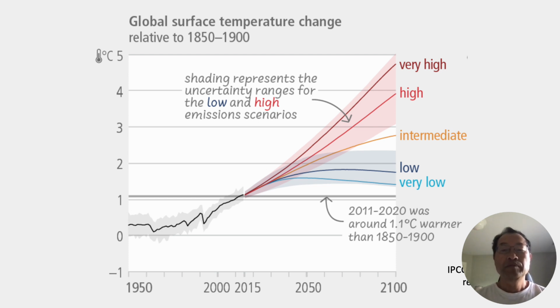It is also possible that global surface temperature may increase only by 2 degrees or even 1.5 degrees by the end of 2100 if the carbon emissions are strictly limited.